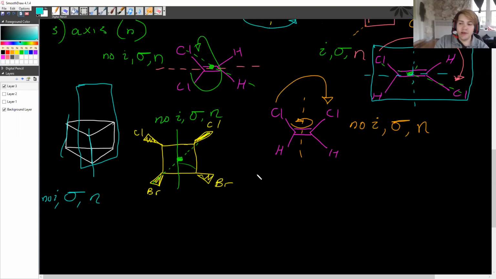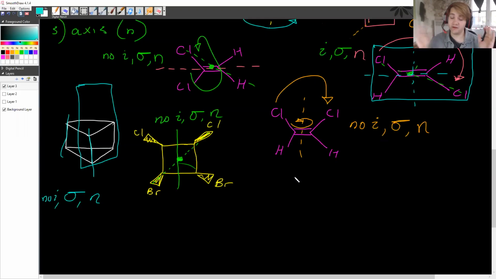So this is more just visualization practice. If it was fairly easy for you to find at least one plane of symmetry, if they existed, great, you're doing great. The reason why I do so much with symmetry is because if this was difficult for you, you need to put a whole lot more work into stereoisomers than other people are going to do.